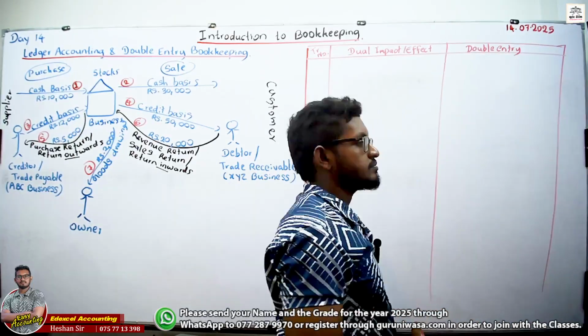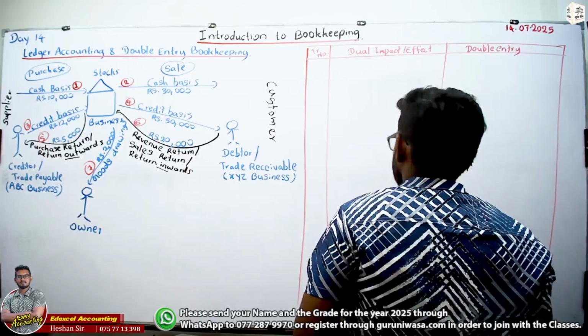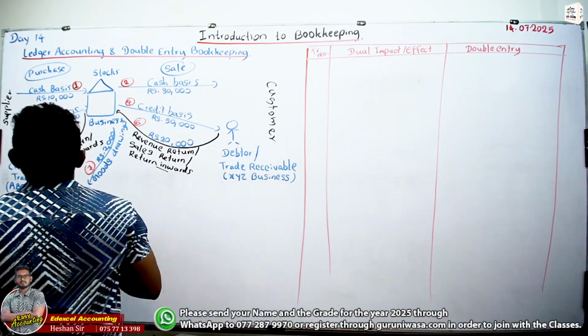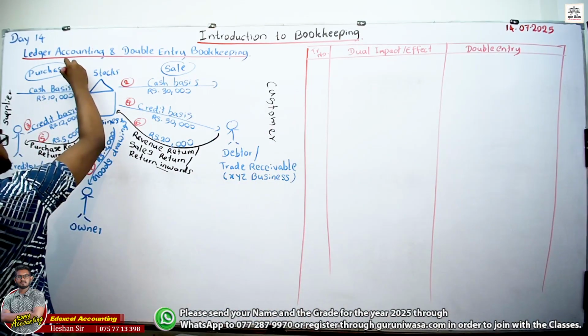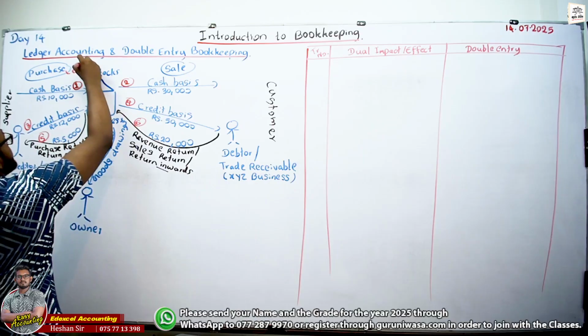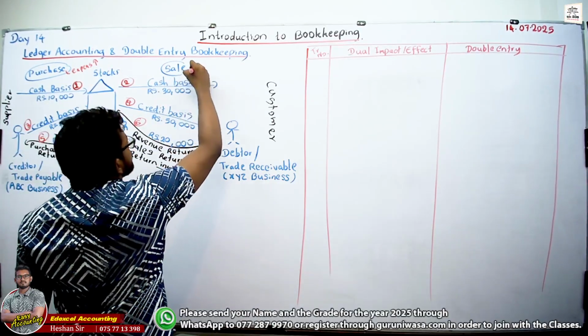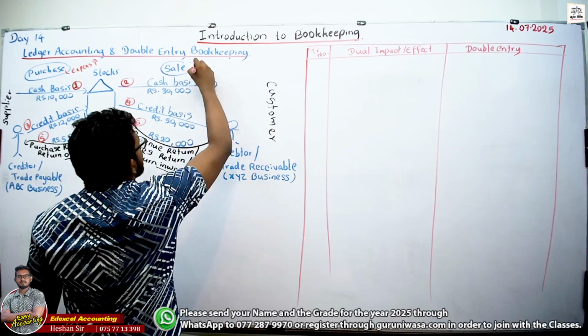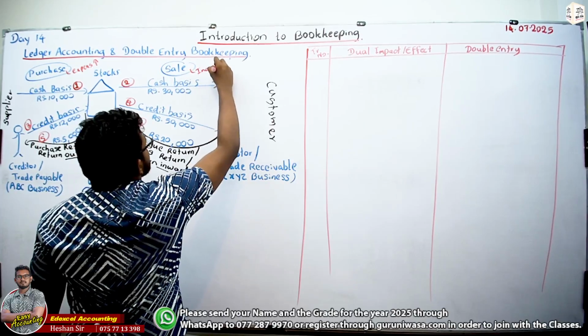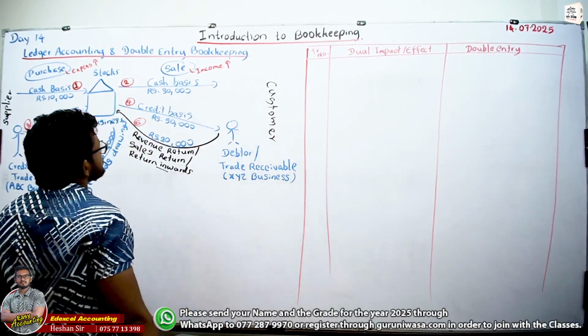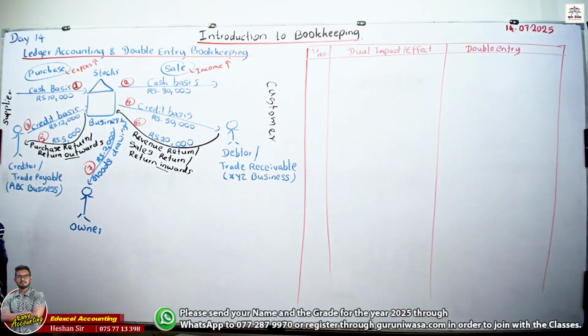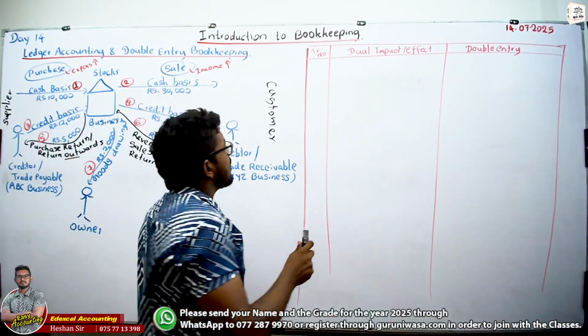Right? Can you hear me, right? Now I told you purchase is an expense. When we purchase goods, purchase expense increases. When we sell goods, sales is an income increase. When it comes to the double entry, right? Let's start.